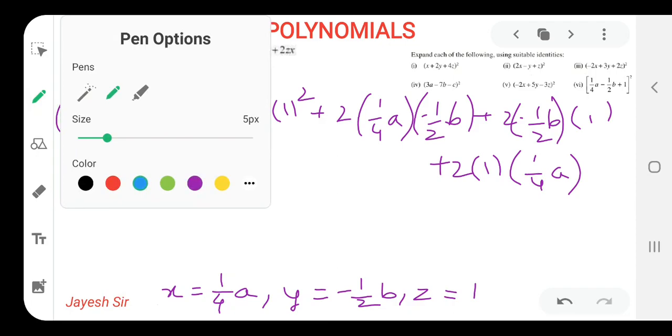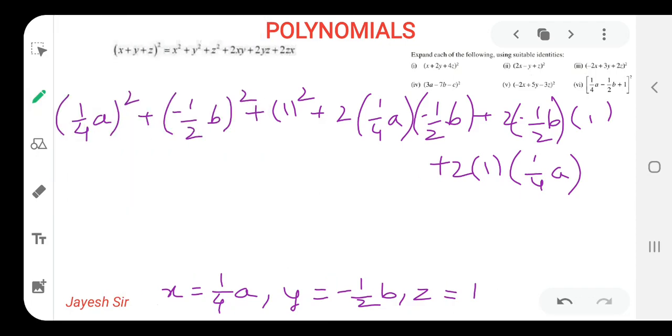Now, the last step we all know, and some students might be facing a problem finding the square because it is in the denominator. We just don't have to think whether it is a fraction or whatsoever. If the number is in the denominator, we just have to write the value in the denominator.